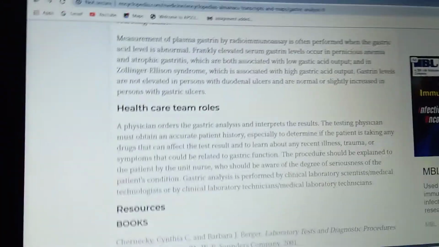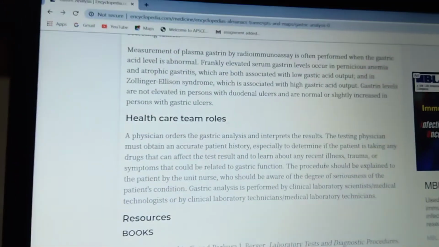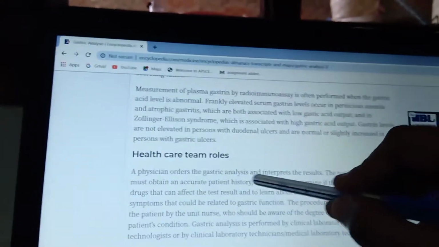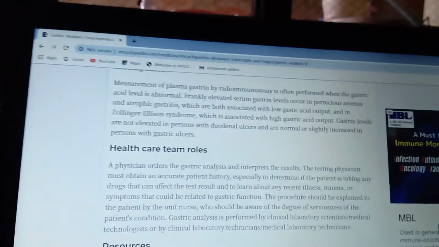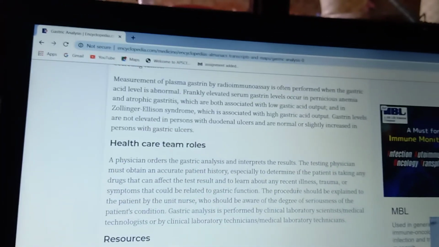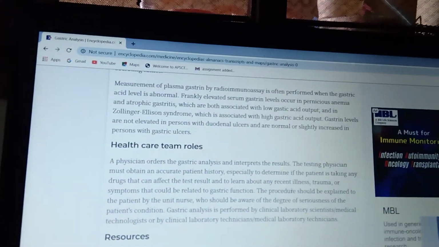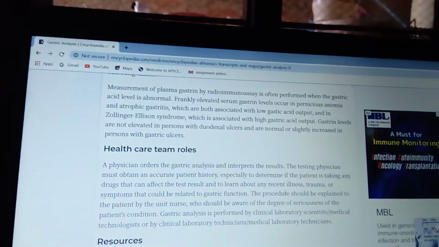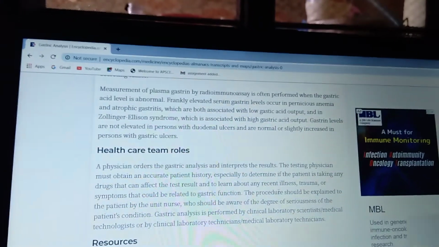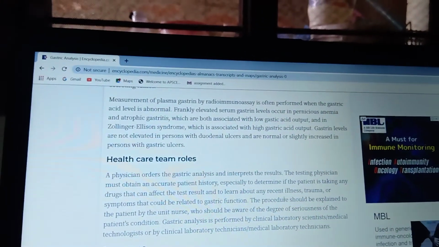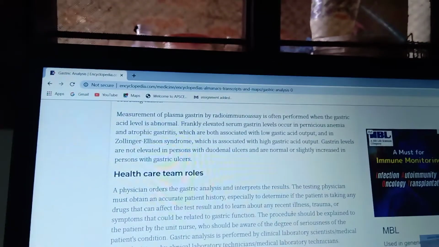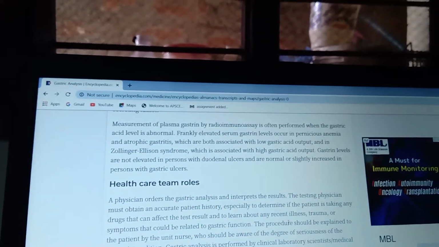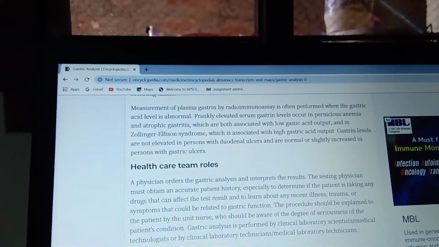And what are the healthcare team roles? Whichever physician is performing the gastric analysis has to interpret the results. The patient history is very important, and also the previous drugs and previous illnesses, because before the procedure anticholinergics and antacids should be stopped. You have to take care of that before the procedure.